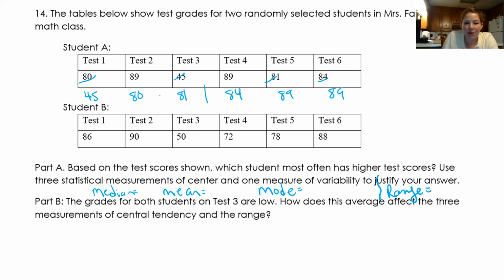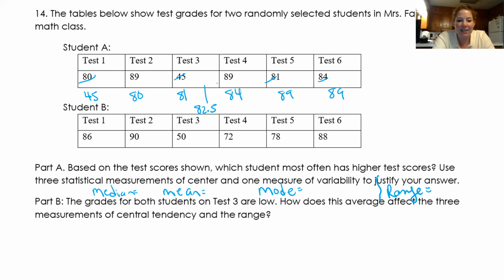So it's going to be 82.5. If I wasn't sure, I would add these two numbers together and divide by 2. So our median for group A is 82.5, right?